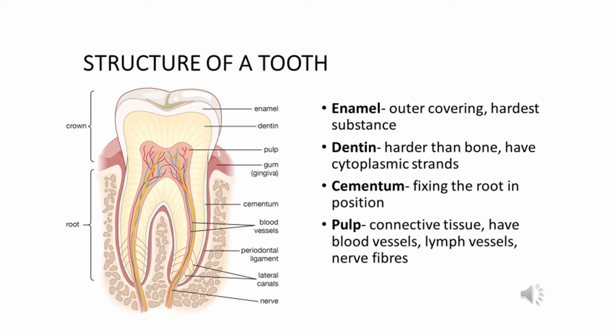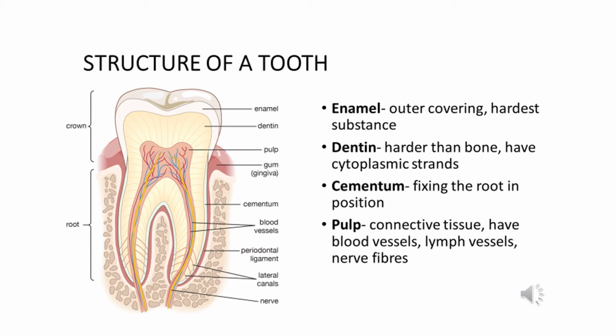Now the outer covering of the crown, that is the white portion that we can see, is called the enamel, and enamel is the hardest substance of the human body. Then after the enamel, the main, bulk portion of the tooth is made up of a part called the dentin. Dentin is not the hardest substance.